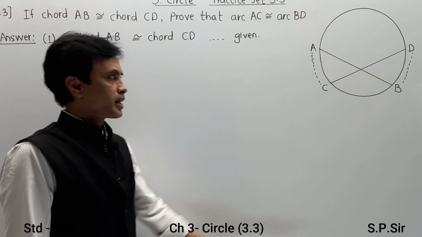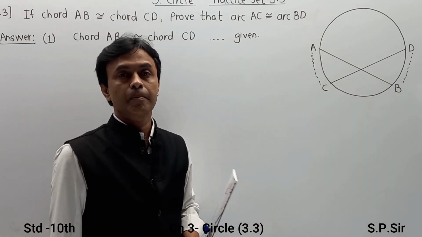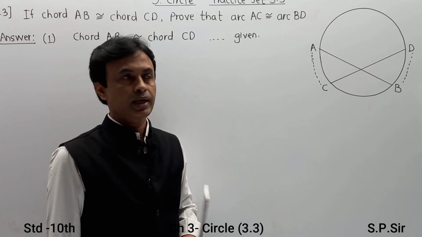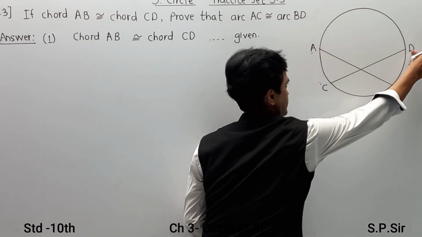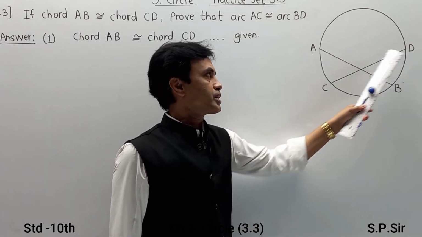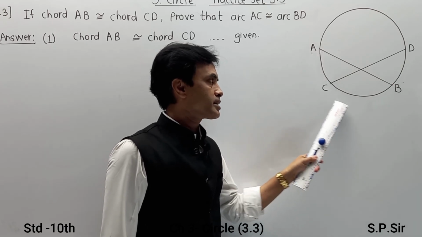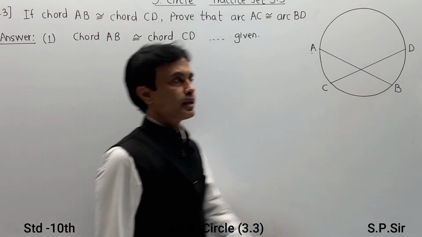Now the next part: if in a given circle two chords are congruent, then their minor arcs must be congruent. Naturally I can say that if chord AB is congruent to chord CD, then arc ACB must be congruent to arc CBD.